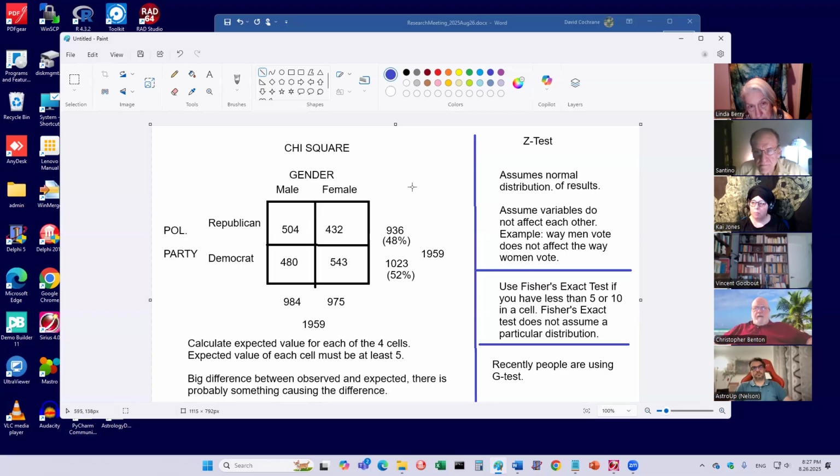And let me modify one thing you just said about power. The way I would say it is the power of a test is your ability to detect a significant difference when significant differences actually exist.